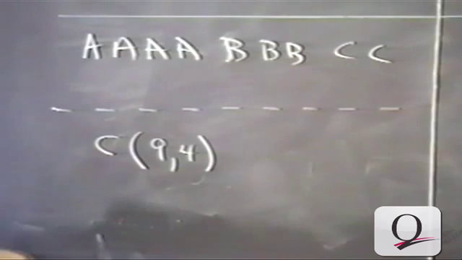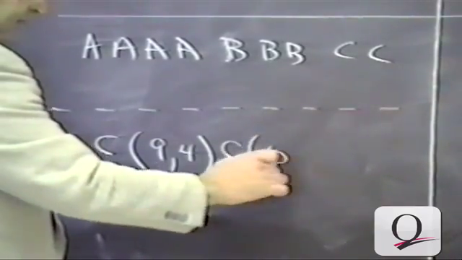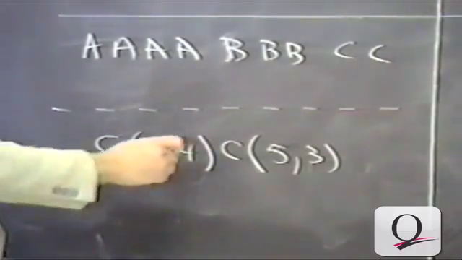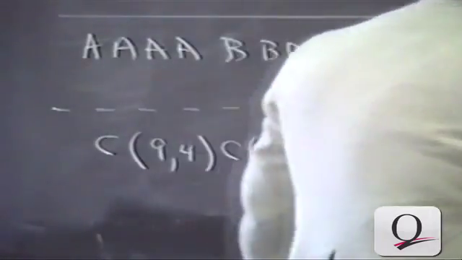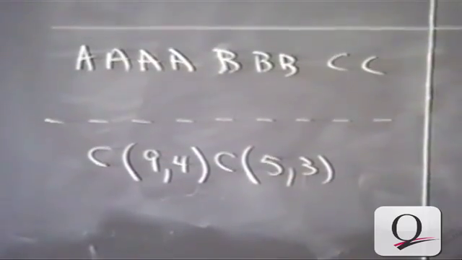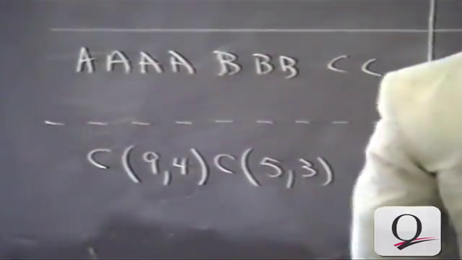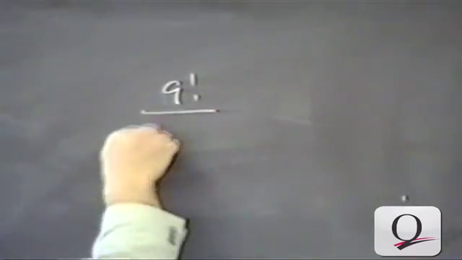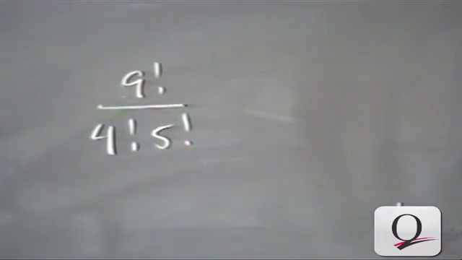Then I must choose from the remaining 5 places the places for the B's. And I have no more choices for the C's, they're forced. So how much is this? That's 9 factorial over 4 factorial times 5 factorial.